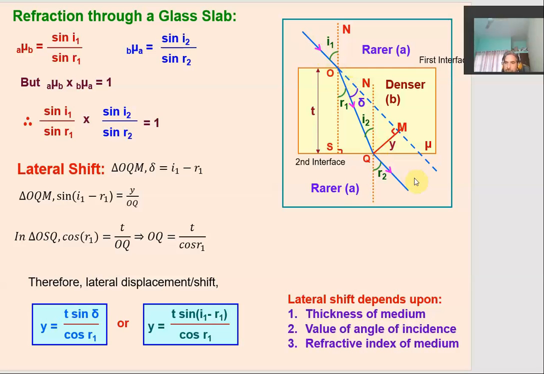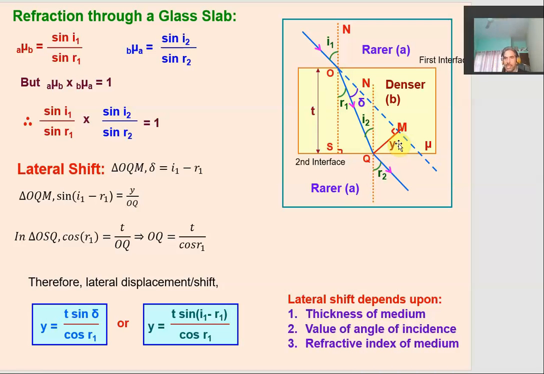The difference is that the emergent ray is shifted. It is travelling at a perpendicular distance from the path of the incident ray. This perpendicular distance by which the emergent ray is shifted is called the lateral displacement or lateral shift.